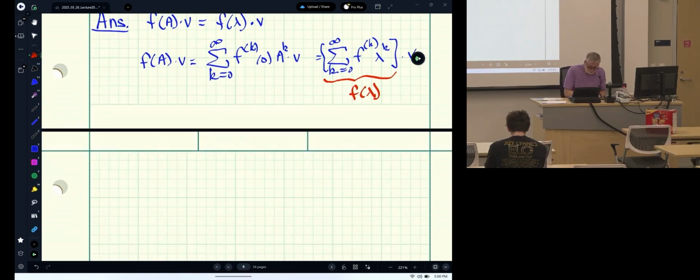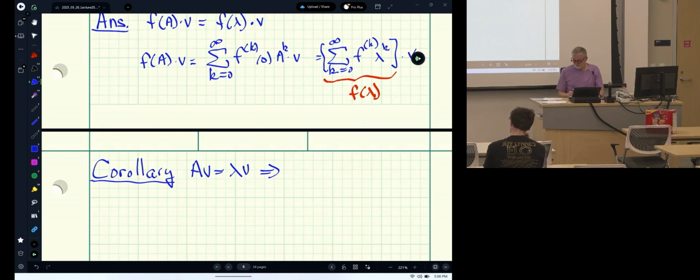Okay, so we get some cool corollaries from this. Av equals lambda v implies e to the A times v is equal to what? The function is the scalar exponential. So we get e to the lambda times v.